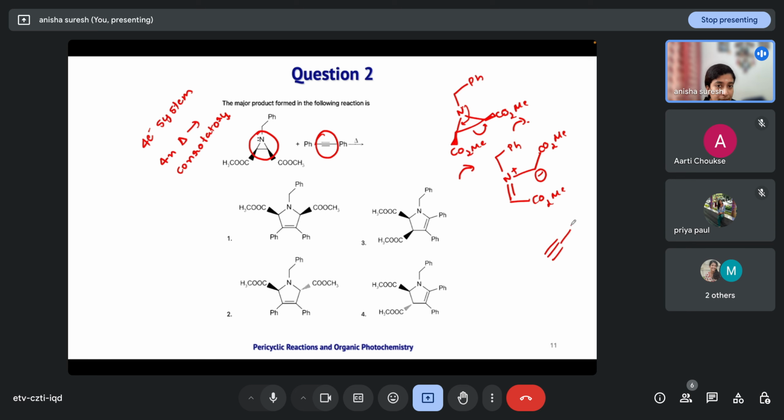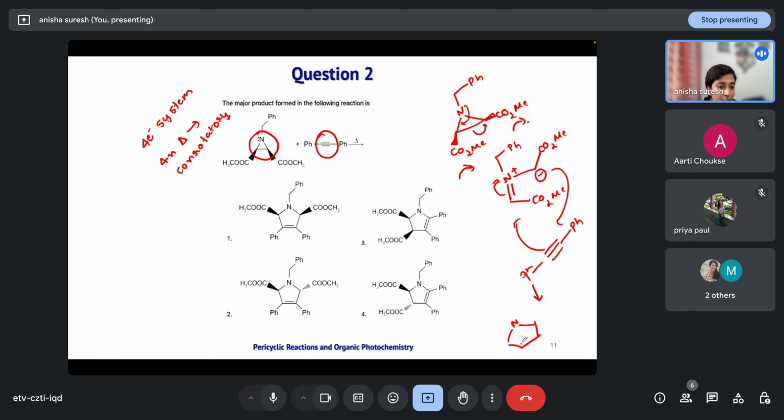Now it will be reacting with this alkyne. So it will attack. Since these are in different directions, one inside and one outside, it will come as trans in the final product. So it will result in the formation of a 5-membered ring.